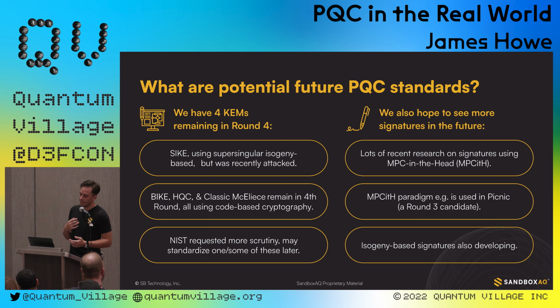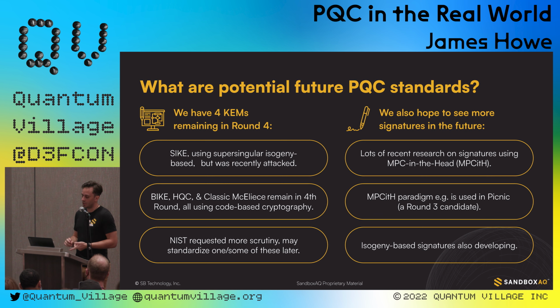And next year we're also going to see more submissions for signatures. There's been quite a lot of research on post-quantum signatures in the last few years. Really cool, exciting ideas. One of these is using what we call MPC in the head. So this is using multi-party computation.